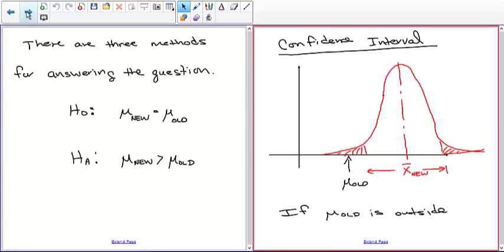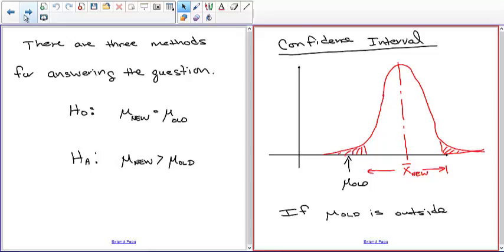So there's 3 ways of doing this, and they all give you the same answer, whether relative to rejecting the null hypothesis or failing to reject the null hypothesis. The first one is the one people least likely use, but it goes along with what we just talked about, estimation. So what we do is we take the new data and do exactly the same procedure that we did a few minutes ago and define the confidence interval.